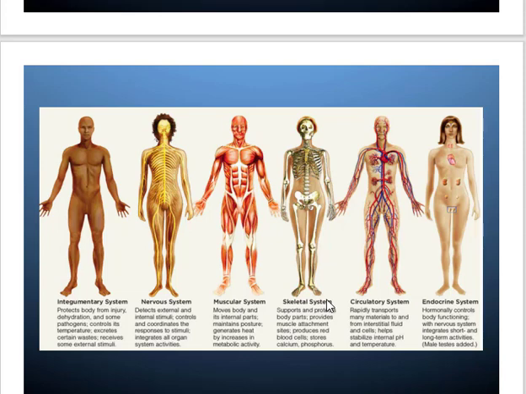As I was typing a text earlier today, the muscles in my hands were actually pulling on the bones in my fingers and in my hands to actually make them move. I mentioned earlier the circulatory system, so that's pumping all that blood all around your body, delivering nutrients, delivering oxygen, taking away waste products.